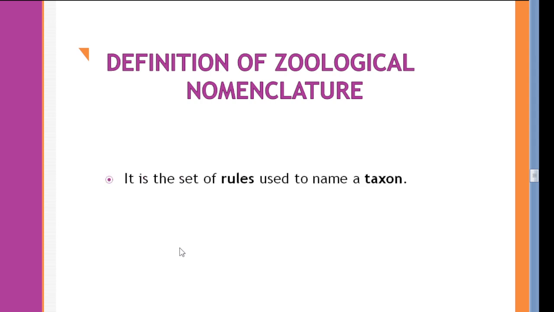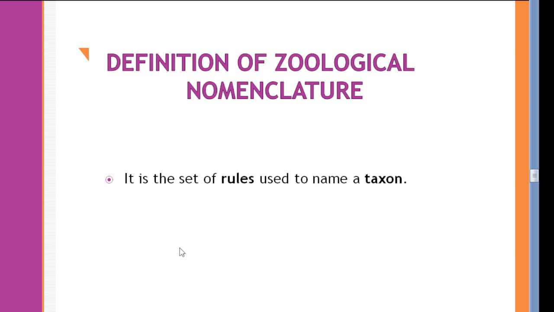In fact, the zoological nomenclature is a set of rules, and these rules will be used in order to name a taxon. As you know, if you have something to name, you can't name it like this.